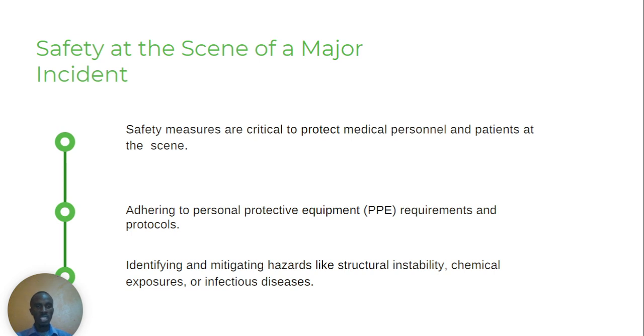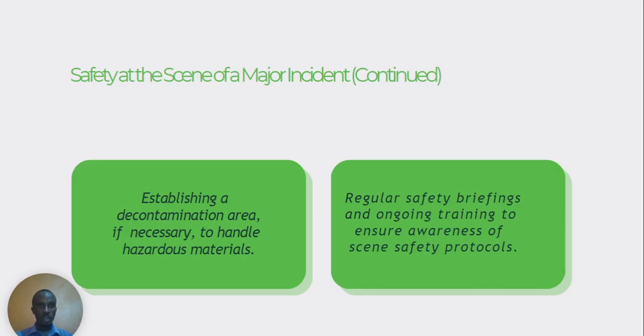Chemical exposures or infectious diseases are all hazards that can be experienced whenever you're going to give an emergency treatment or first aid. So establishing a decontamination area, if necessary, to handle hazardous materials is also essential in safety of a scene of the major incident.